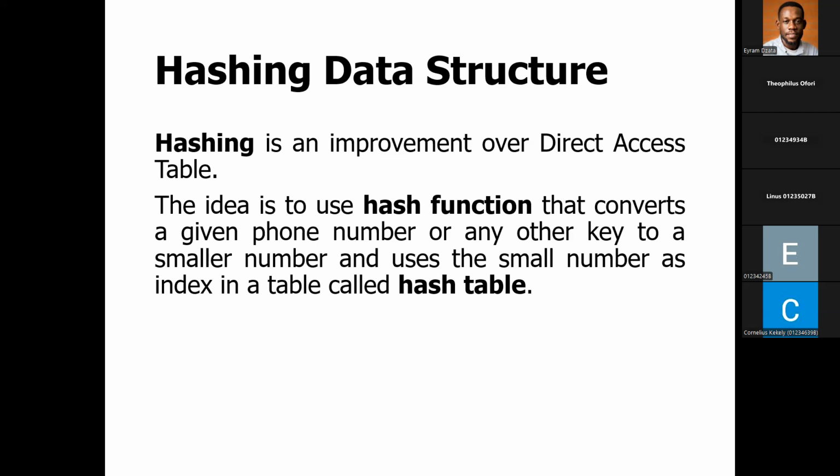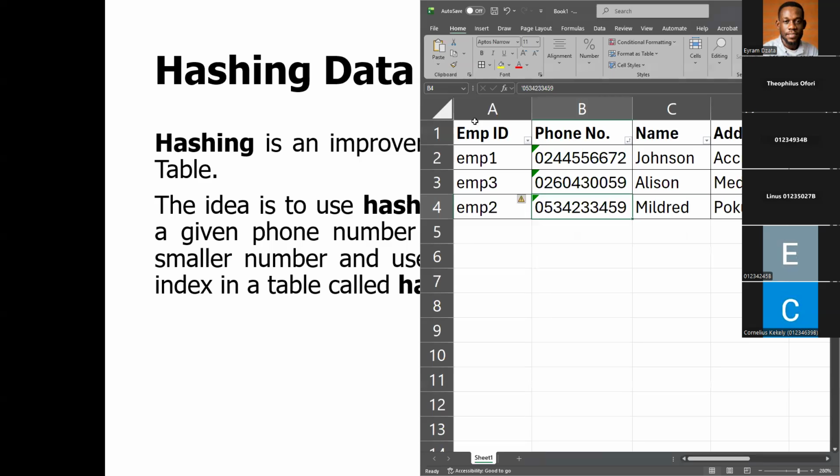Now, for instance, let's go back to our table. What it's saying is that we are going to take this key, which is the telephone number, and map it to a hash function. So maybe we can still go by the same hash function, which is x mod 10.